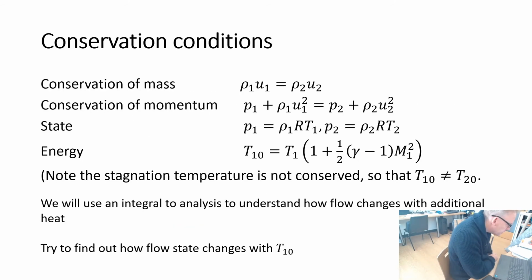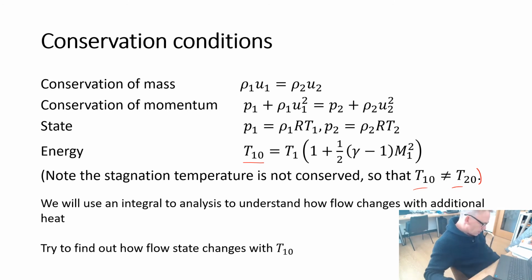So the conservation conditions are mass, momentum and state, and we're going to be using our local stagnation temperature, T1 naught. Now this T1 naught is not a conserved quantity. That's going to change as we go from state 1 to state 2. We can use an integral analysis to try and relate how the flow changes as we add heat.